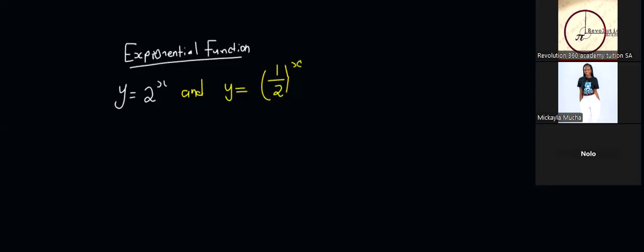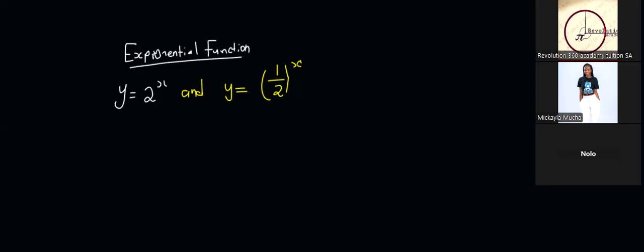So actually this question was already done, but I wanted you guys to do it as part of an example. So let us draw these two graphs: y is equal to 2 to the exponent of x, as well as y is equal to half to the exponent of x.